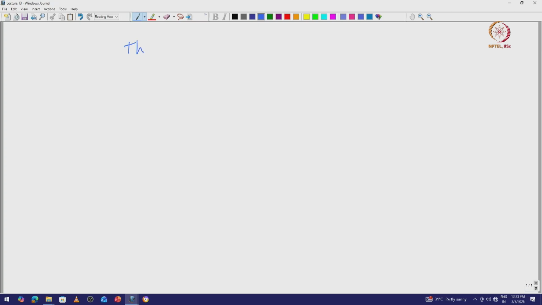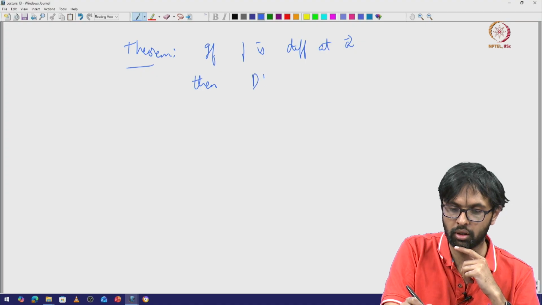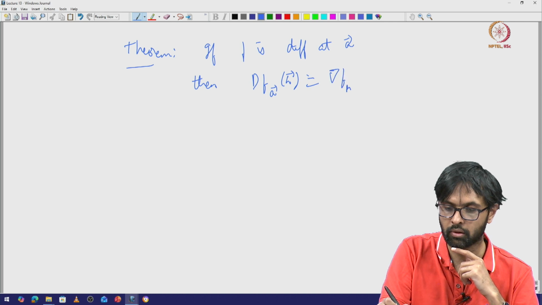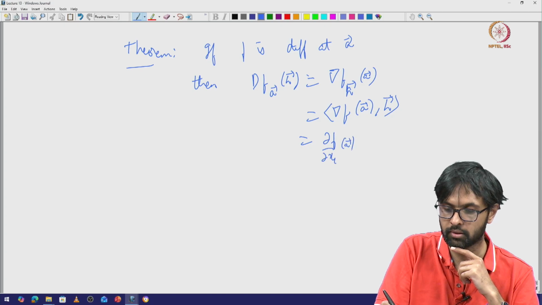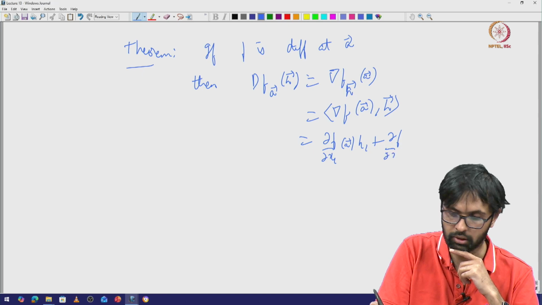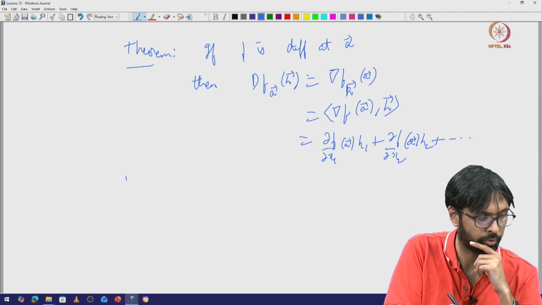The theorem was, if f is differentiable at a, roughly speaking, I'm paraphrasing of course, then df is precisely equal to the dot product of the gradient with h, which if you write it in its full glory, is just this. In particular, all the directional derivatives exist. Okay, so how do you prove this?